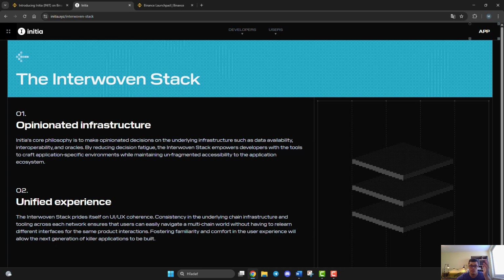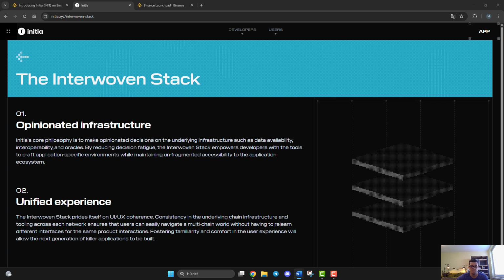Let's talk about some essential features of this stack. Each rollup can have its own unique rules, configurations, and logic, while still being connected to the broader Initia ecosystem.